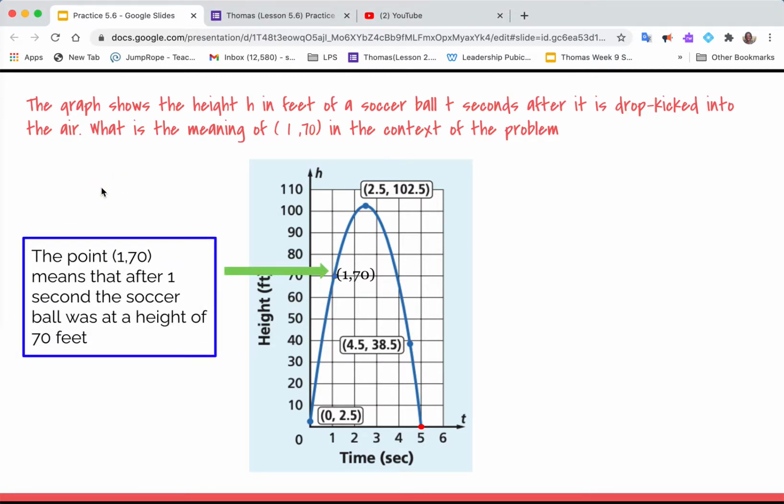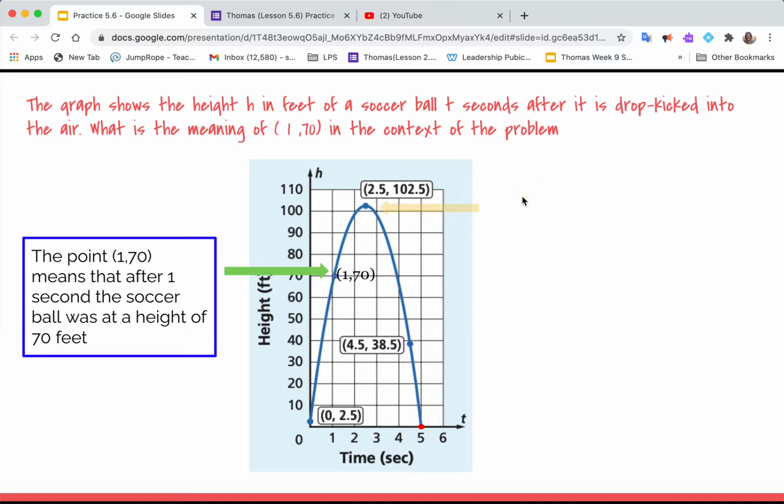The second thing we're asked to respond to for this question is to say what is the maximum value of the function. And if we go back to when we looked at different characteristics of functions, we said that the maximum, or the highest point on the graph, is going to be the maximum value.